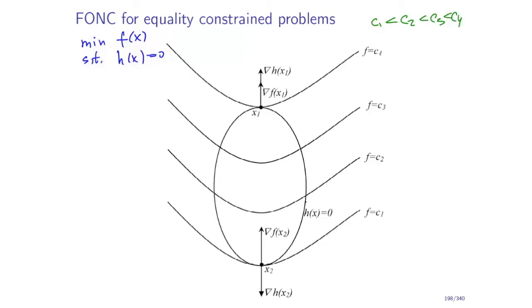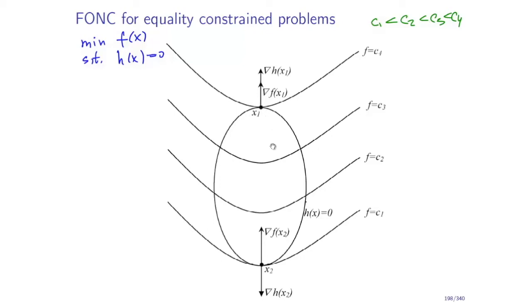We can also see that if we keep increasing the value of c, let's say from c4 to something larger, then we would be outside of the feasible region, right? So as we move the isocost line for f higher and higher, this point x1 will be the last one we touch in the feasible region. Therefore, x1 is actually a local maximizer.